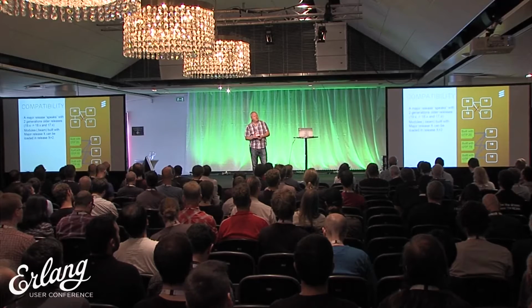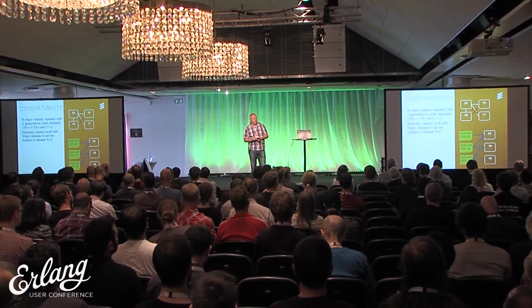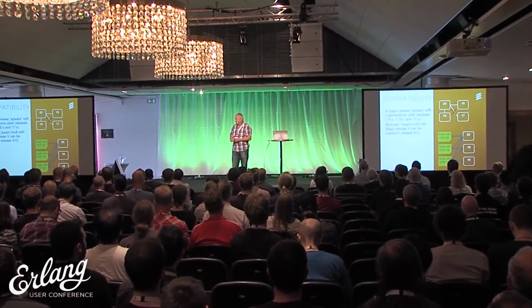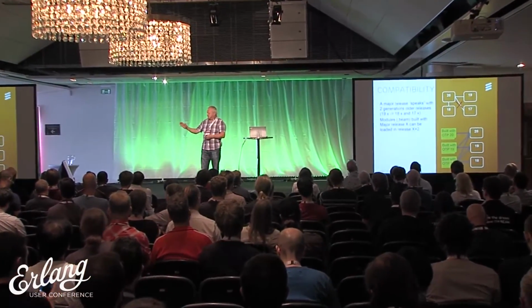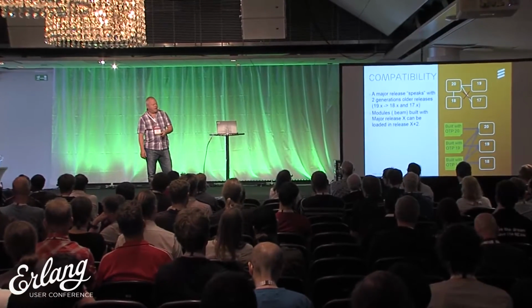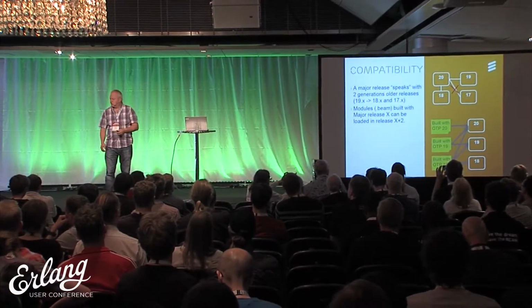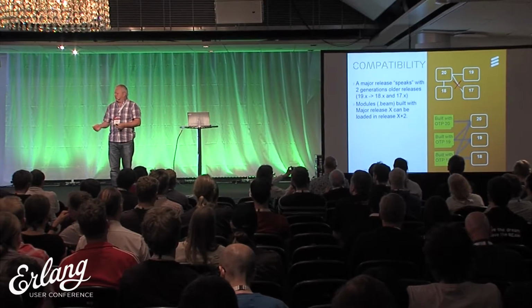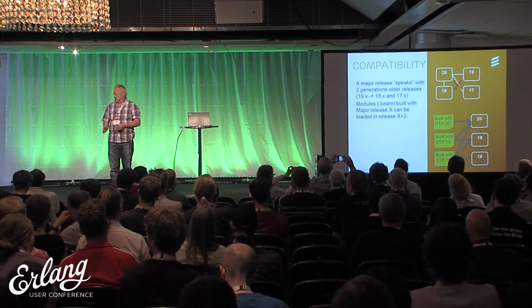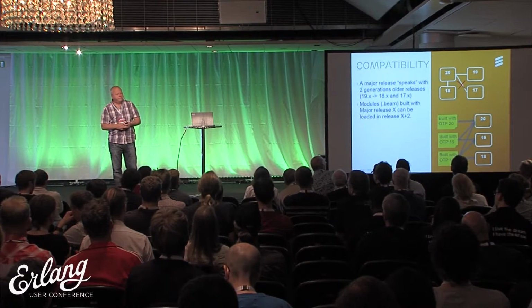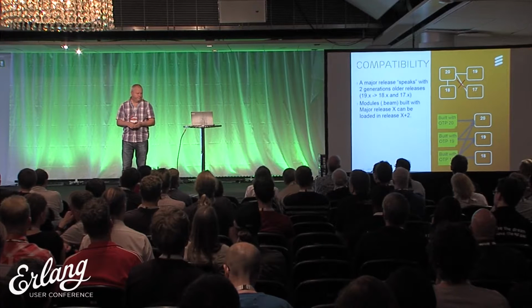Our strategy regarding compatibility, we get questions about this from time to time. When it comes to communicating between Erlang nodes, we have the strategy to support the communication between the current and 2 older major versions.